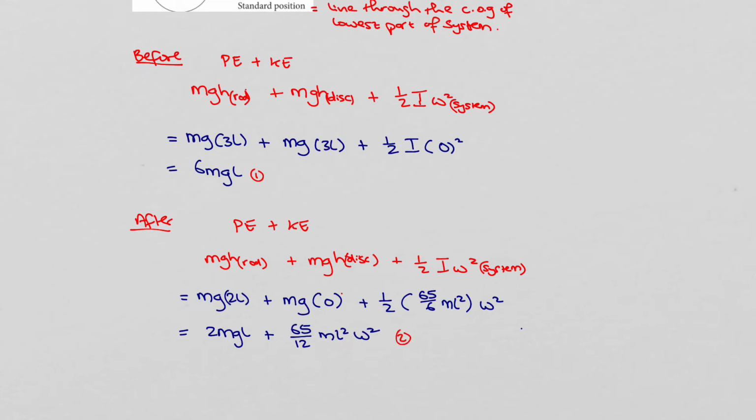Because we have conservation of energy, 1 must be equal to 2, so we equate 1 and 2. We have 6mgL is equal to 2mgL plus 65 over 12 mL squared omega squared.